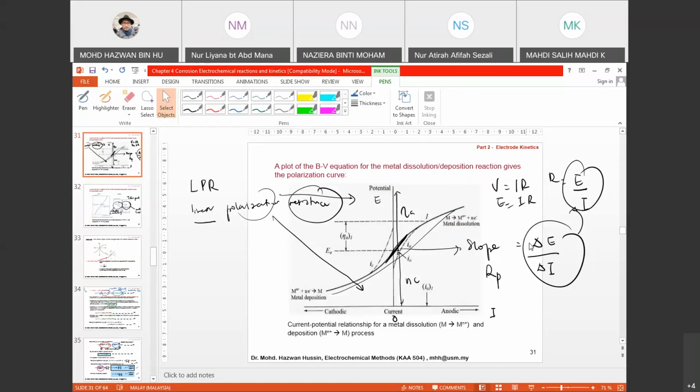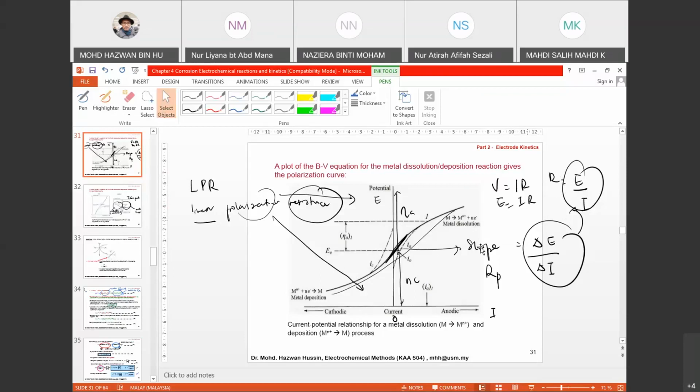As I mentioned to you, it is actually according to Ohm's law. This Ohm's law indicates that V is equal to IR, or potential is equal to current multiplied by resistance. If I rearrange this, making resistance the subject, then R is equal to potential over current.